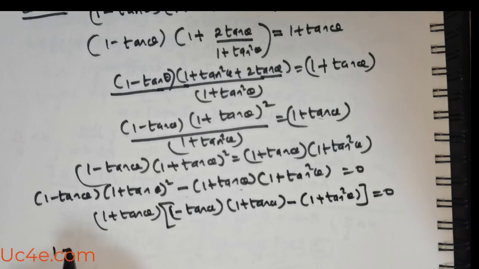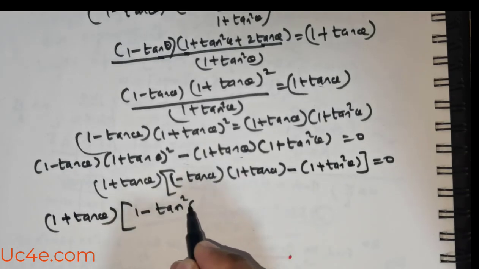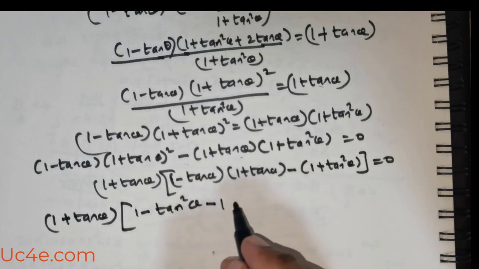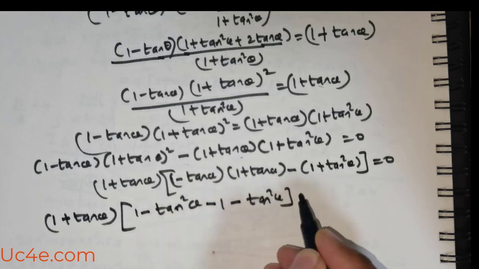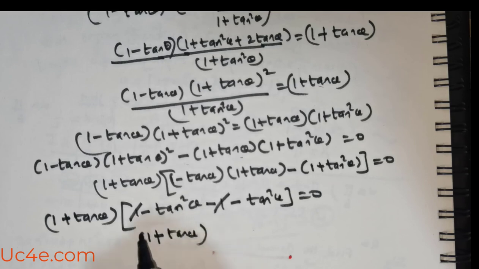So this is further rewritten as (1 + tan theta) times [1 - tan squared theta - 1 - tan squared theta] = 0. So positive 1, negative 1 can be cancelled, and this in turn is going to be (1 + tan theta) times (-2 tan squared theta) = 0. So this is what I've got.